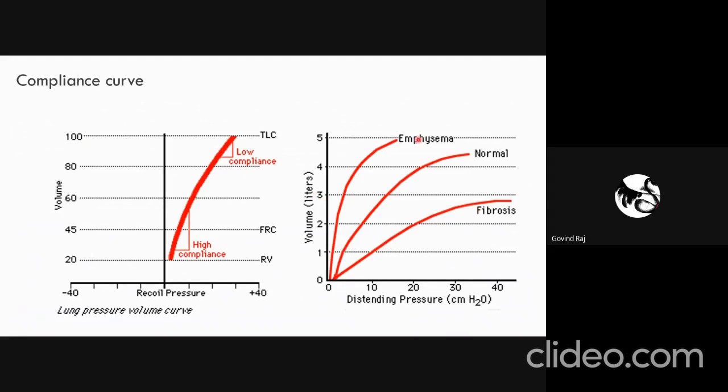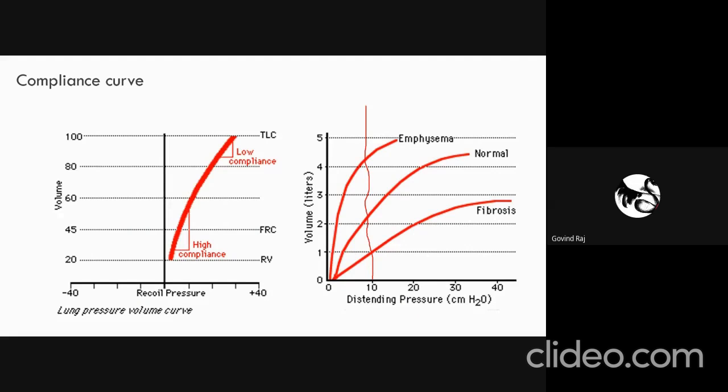So analyzing this kind of graph, we take a straight line like this. According to my drawing, this line indicates the same pressure. So with the same pressure, how much volume change is happening?